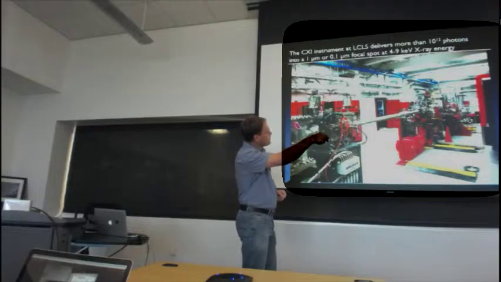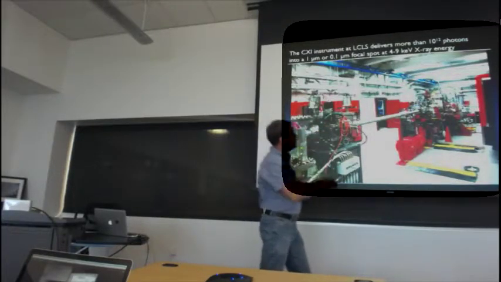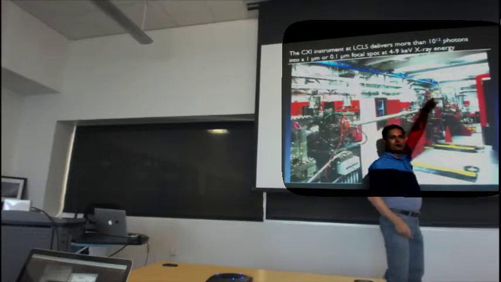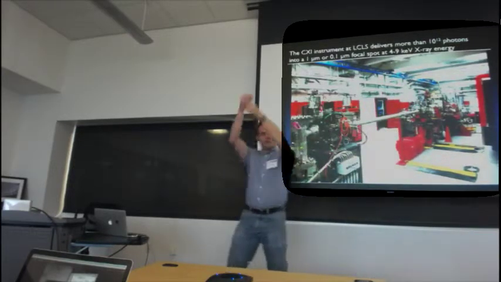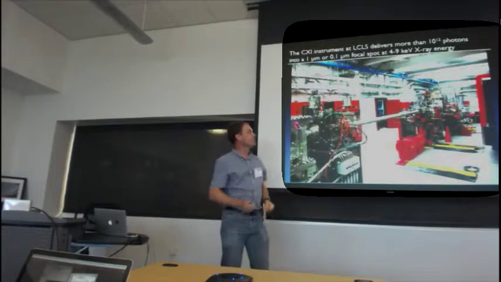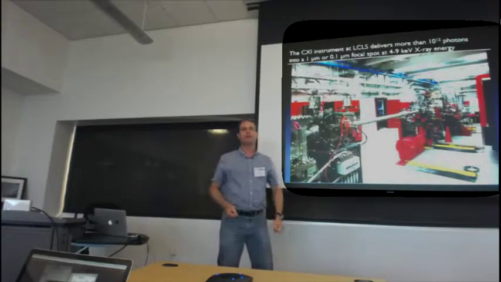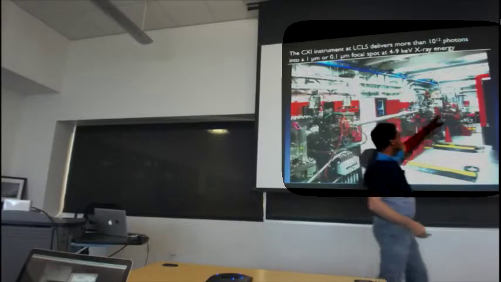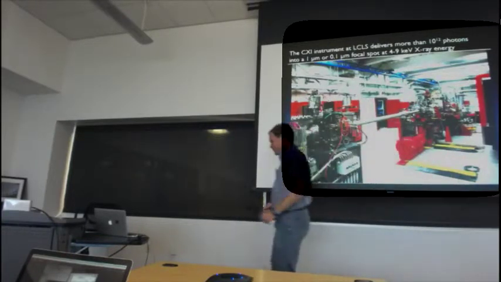And this is the sample delivery. Uwe Weierstall here working on one of our earlier experiments with the sample delivery. You've got a large rod in the center there. That's just a mechanical way, like a lance. You just put it in, and it has one of these tips on the end of it that enables you to deliver your sample into the X-ray focus. And down a little bit further are the detectors and everything.